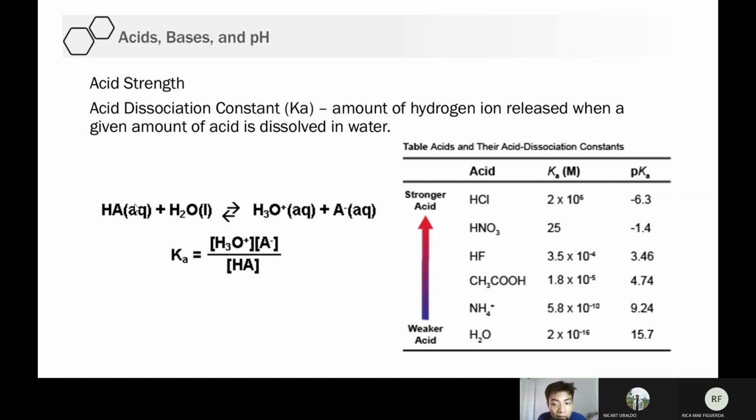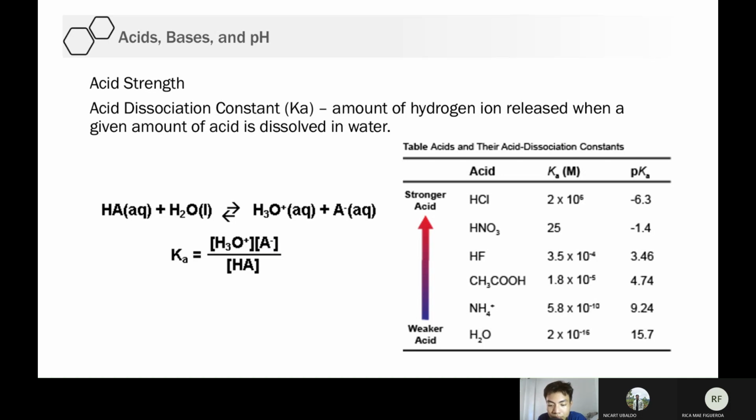Products being converted back to reactants. So if you have an equilibrium equation, then to solve for Ka, you just determine the concentration of your products over the reactants. Pag nakuha mo yung kanilang concentrations and then you divide them, you will get the Ka. So, ganun po namin siya kino-compute. So, that's why we were able to come up with these values here.